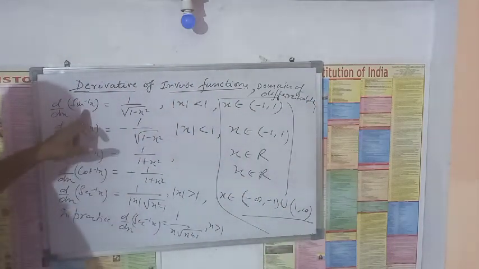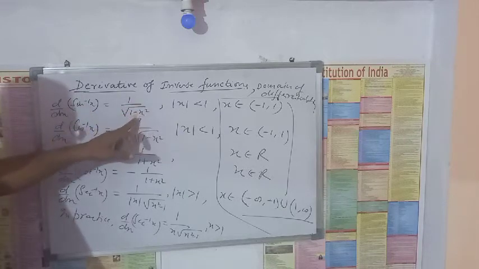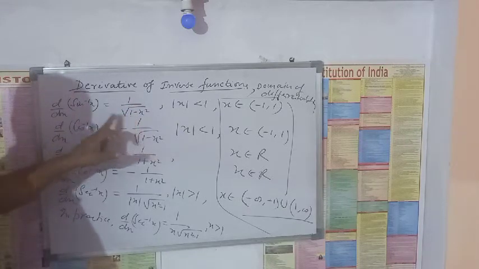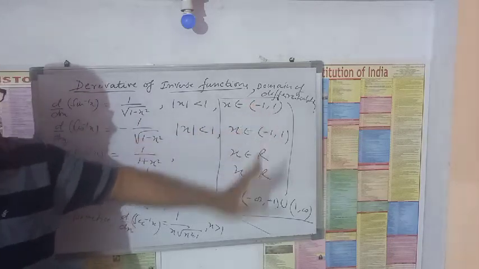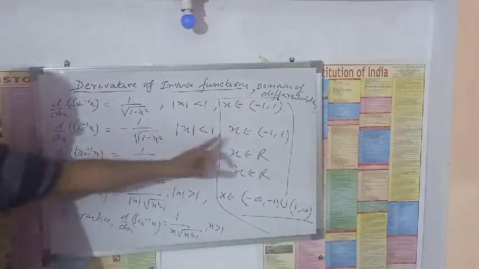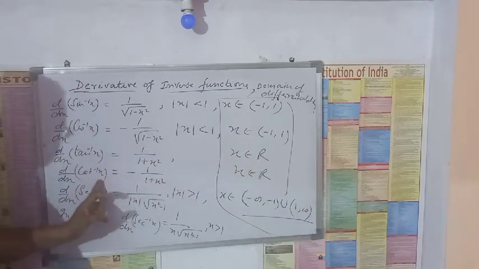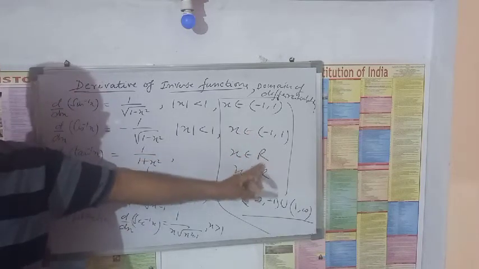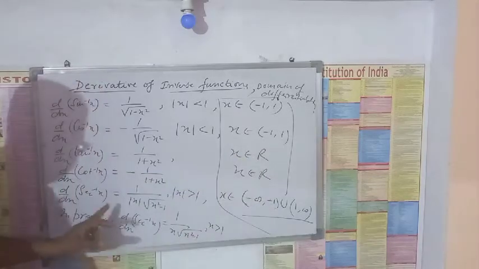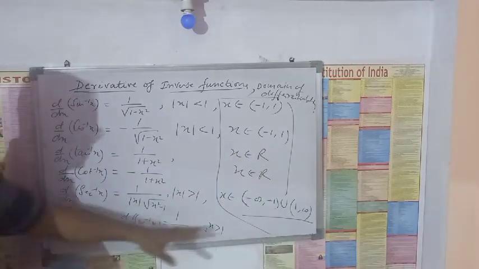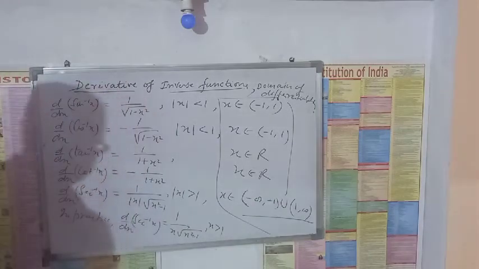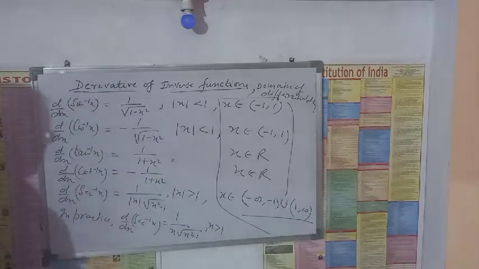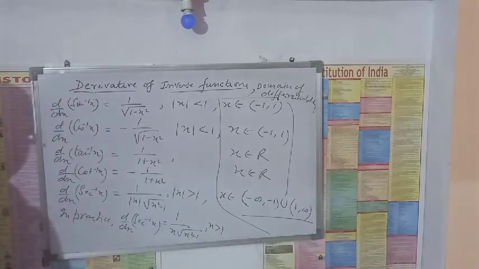So sin inverse x derivative is 1 upon under root 1 minus x square, and the domain of differentiability is x belongs to minus 1 to 1. Cos inverse x, same domain. Tan inverse and cot inverse, same: x belongs to all the real numbers. And for sec inverse and cosec inverse, this is the domain of differentiability. So these are the results of derivatives of inverse functions.